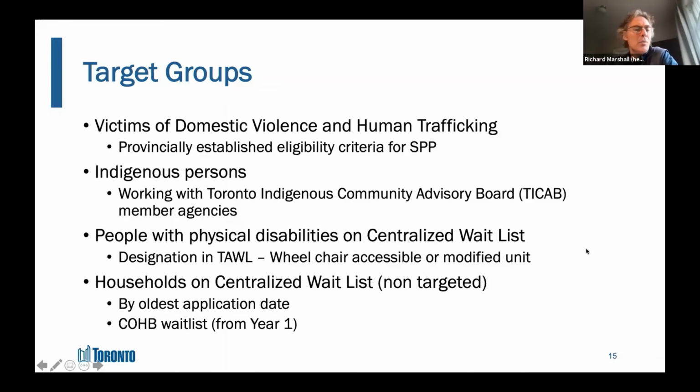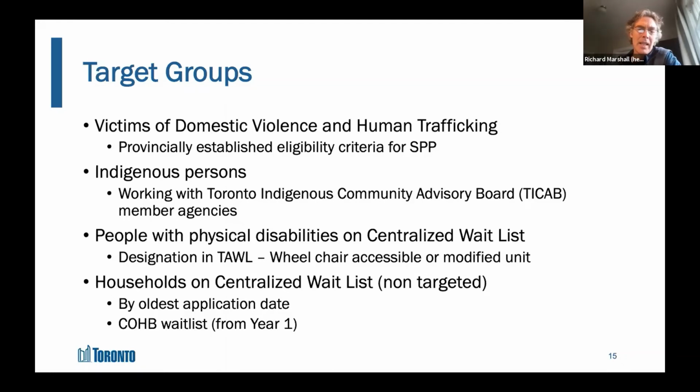Another target group is people with physical disabilities on the centralized waitlist. And the eligibility criteria there was the designation in the Toronto area centralized waitlist of households that required and were waiting for wheelchair accessible or modified units. And then the last group is really what we would call non-targeted, and that's households on the centralized waitlist.